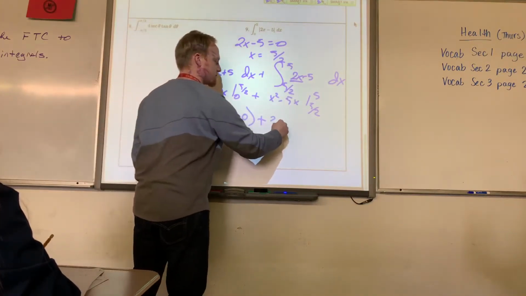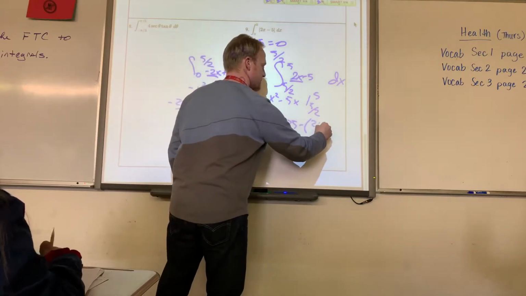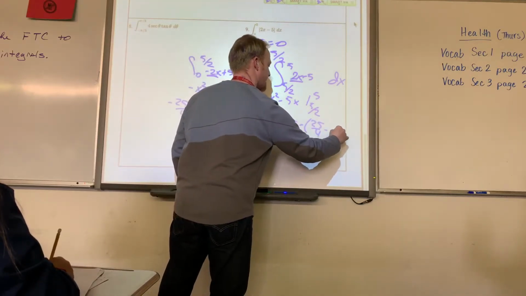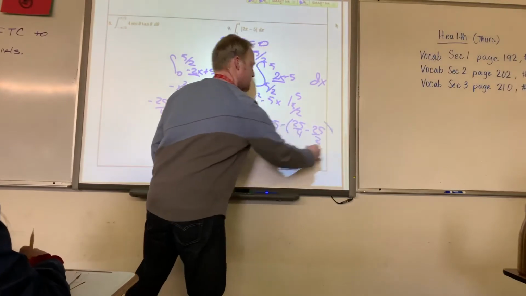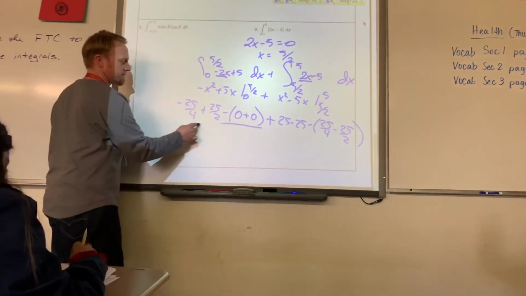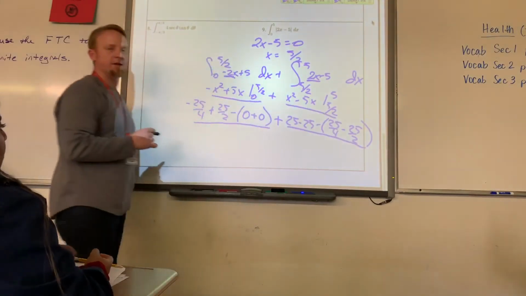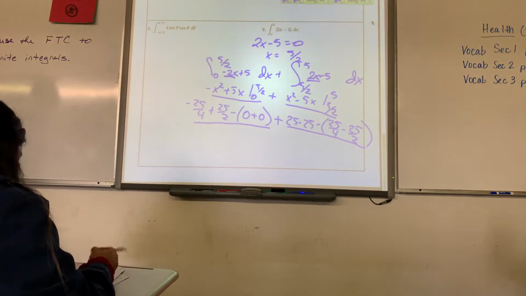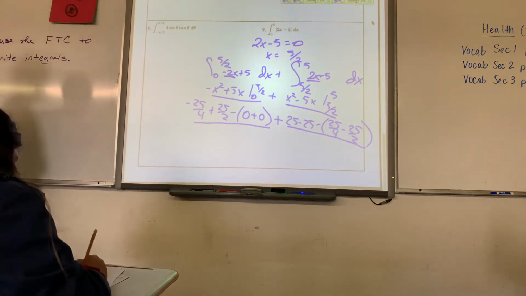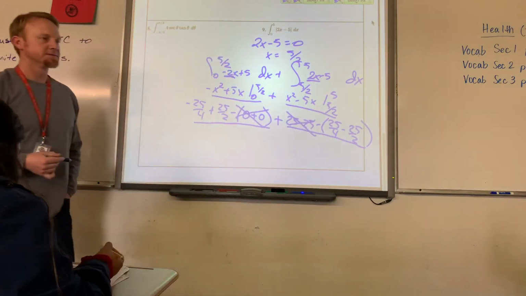Over here, 25 minus 25 minus 25 over 4 minus 25 over 2. So all of this belongs to this, and all of this belongs to that. So obviously, that's gone, and that's gone.